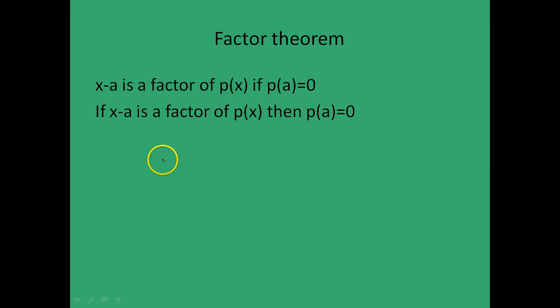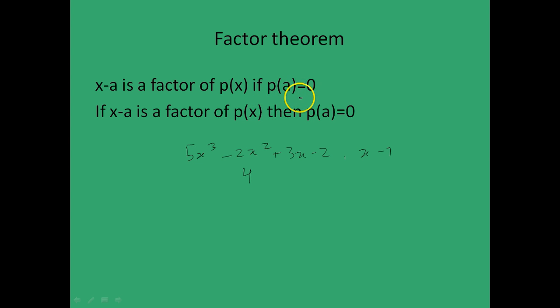Let's consider the polynomial we had taken up last time, that is 5x cube minus 2x square plus 3x minus 2, and we had divided it by x minus 1. The remainder, if you remember correctly, comes out to be 4.